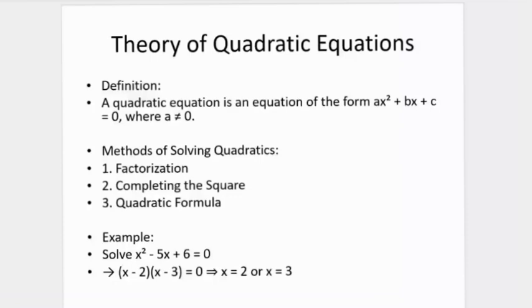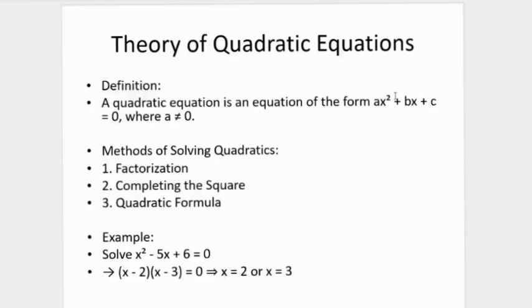So the quadratic equation is of the form ax squared plus bx plus c, where a, b, and c are constants, right? And the highest power of the variable, x, is 2. That is simply what makes an equation quadratic.